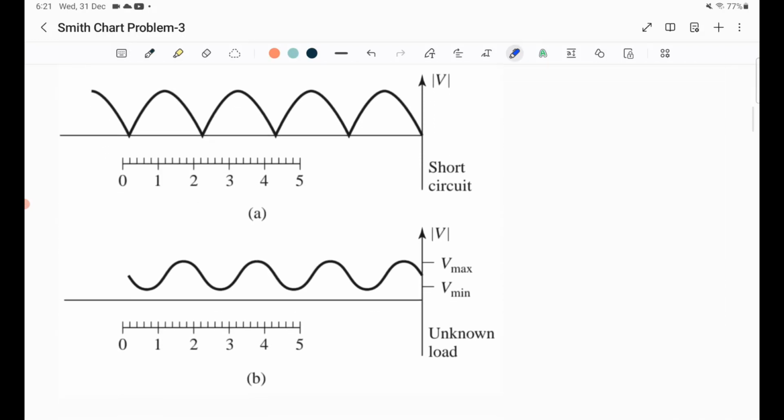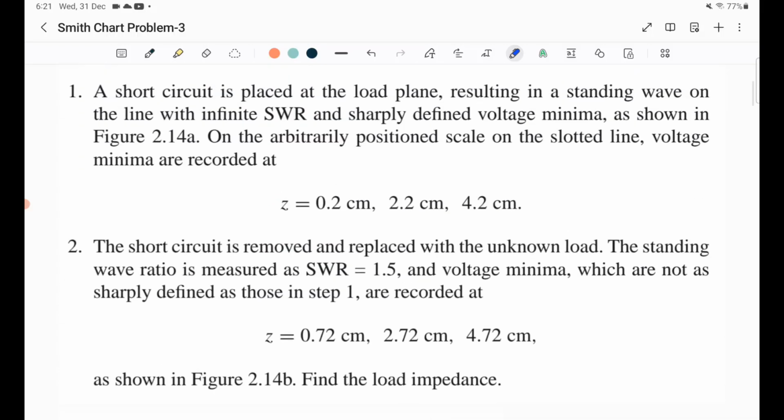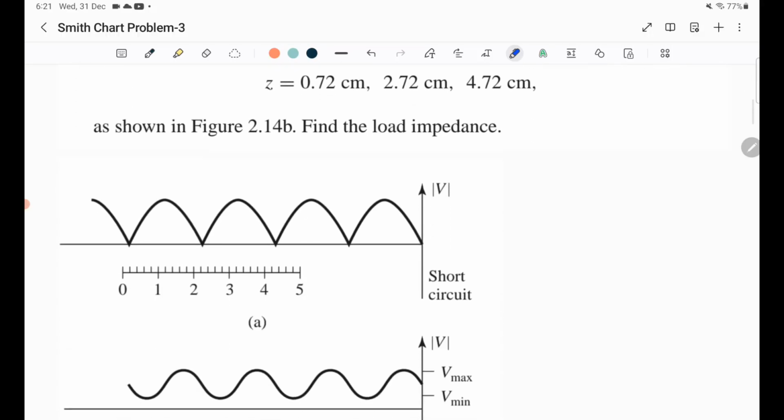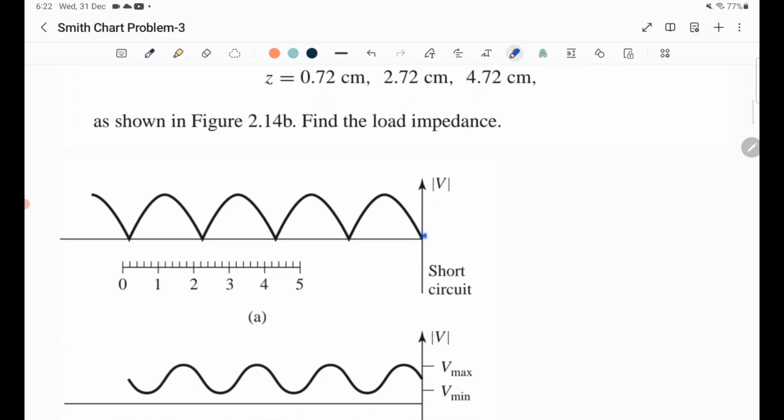And this is the figure which is given. So basically in this question, two different steps have been carried out to find the unknown load impedance. In step 1, a short circuit is placed at the load plane. If you see here, the short circuit is placed at this particular point in this plane.